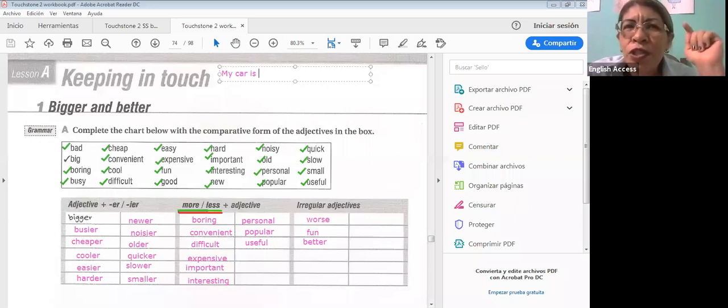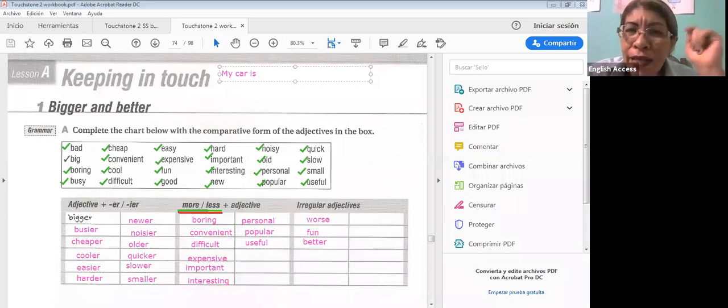We have short adjectives and we have long adjectives. With short adjectives, we're going to use ER or IER, and remember, we need to use the word than to compare only.